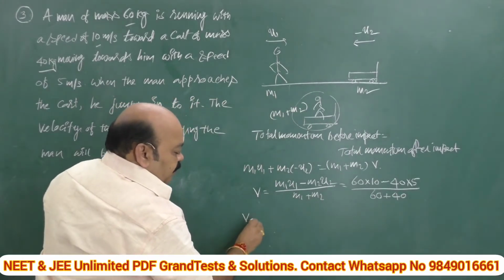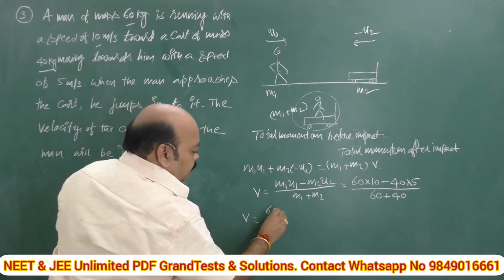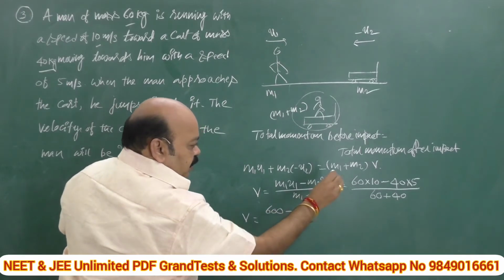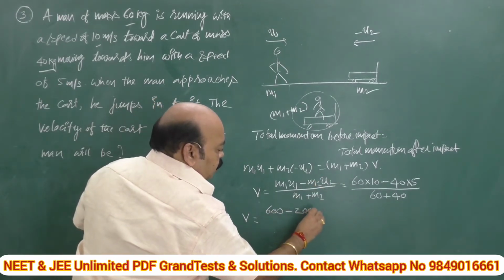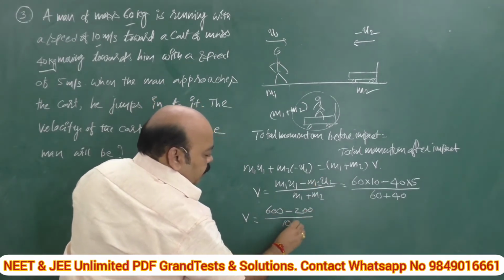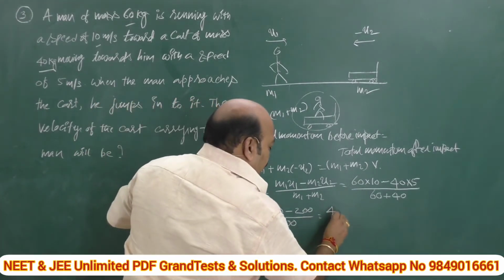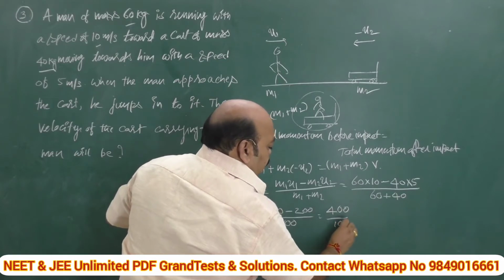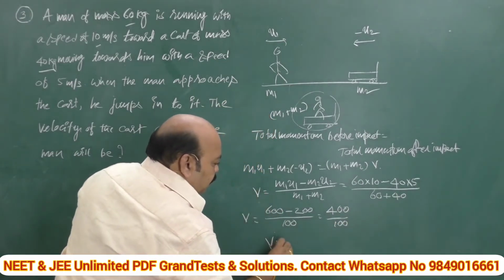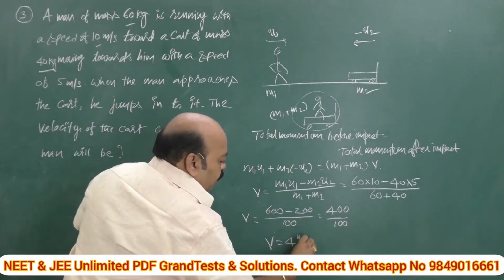So v is equal to 600 minus 40 into 5, nothing but 200, whole divided by 60 plus 40, 100, nothing but 400 by 100. Clearly, common velocity v is equal to 4 meter per second.